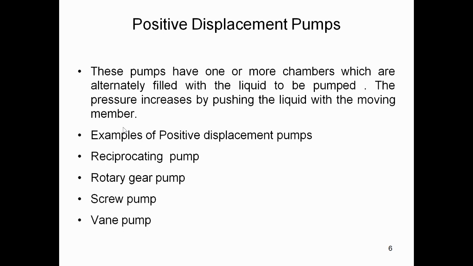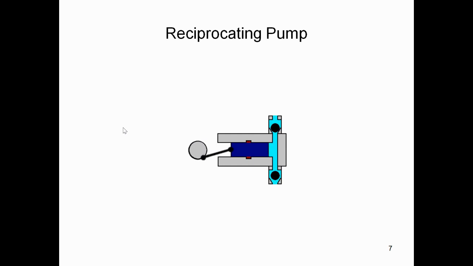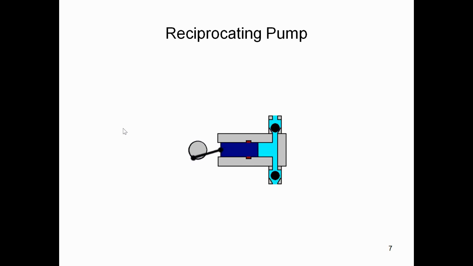Next, the second one is rotodynamic pumps. In these pumps, the pressure energy of a liquid is increased due to the dynamic action of a rotating element known as the impeller.